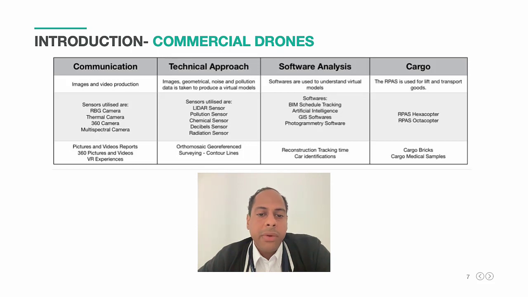Finally, if we want to use it for cargo purposes, which is currently under development, we may make ancillary parts about the recognition of landing pads, what radio frequency distance we're going to use, what the signals are, and other types of sensors that are going to be very useful if we are willing to carry cargo with drones.